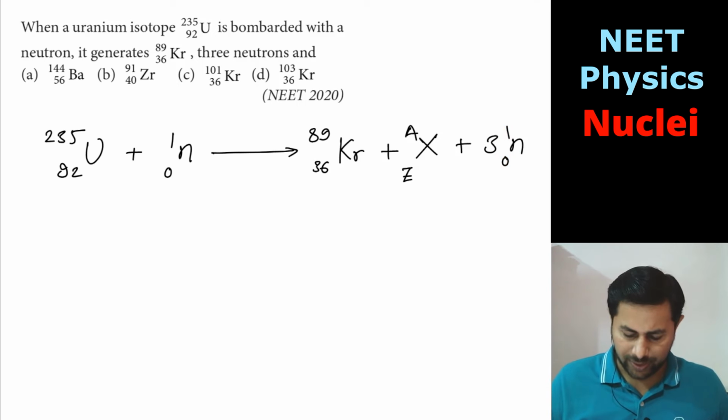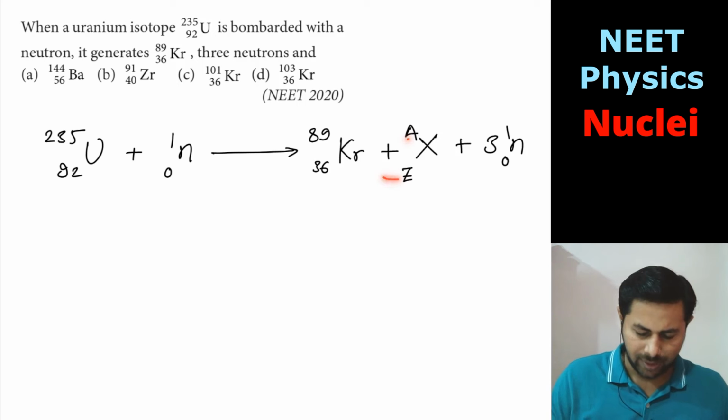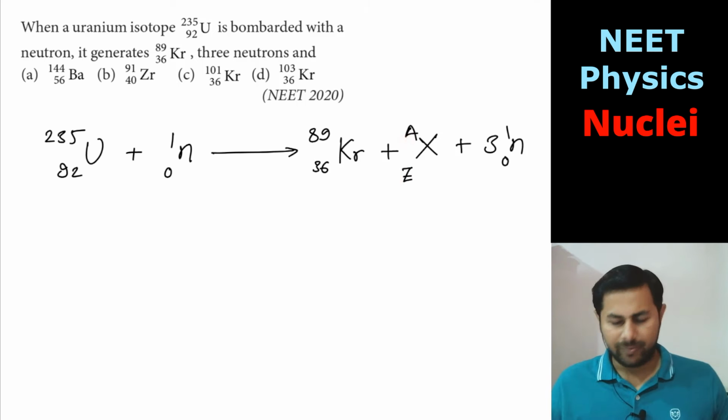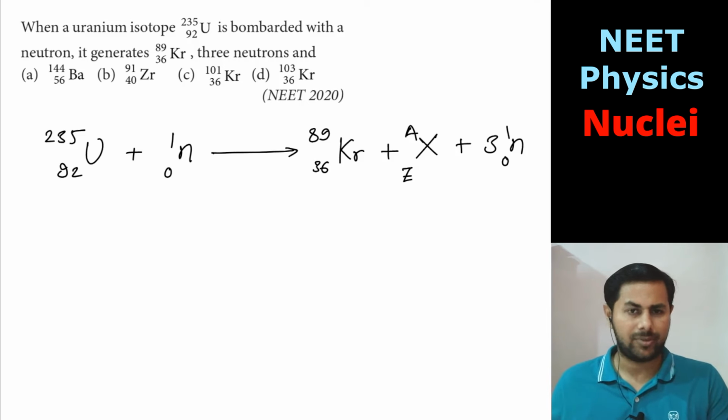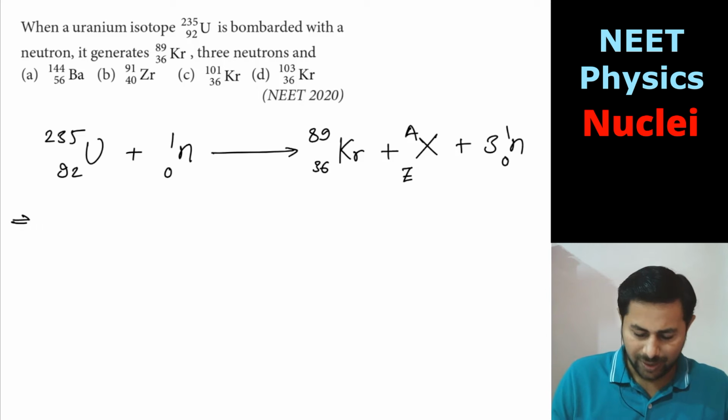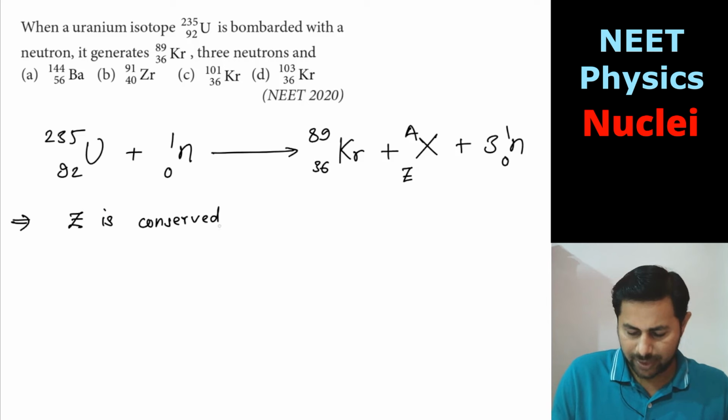We want to calculate Z and A. The total atomic number and total mass number should be conserved in a reaction. So the sum of atomic numbers of reactants is equal to the sum of atomic numbers of products. So Z is conserved and A is also conserved.